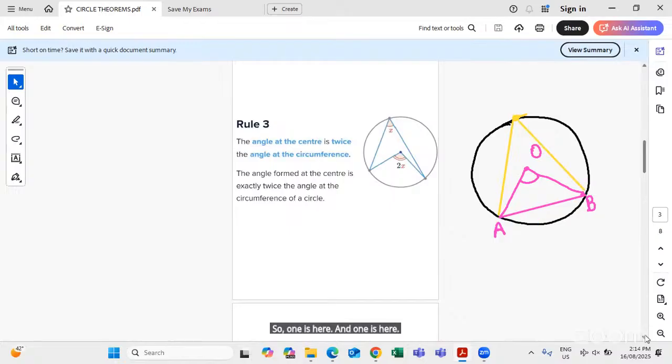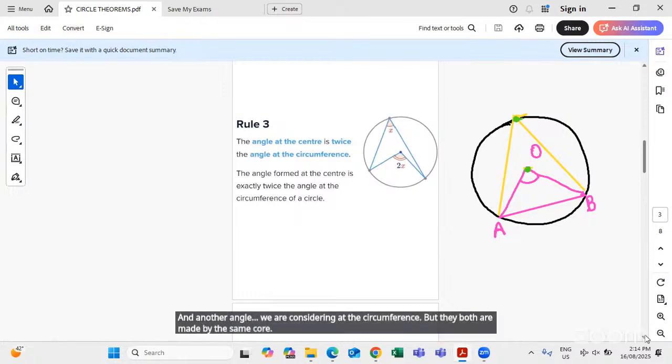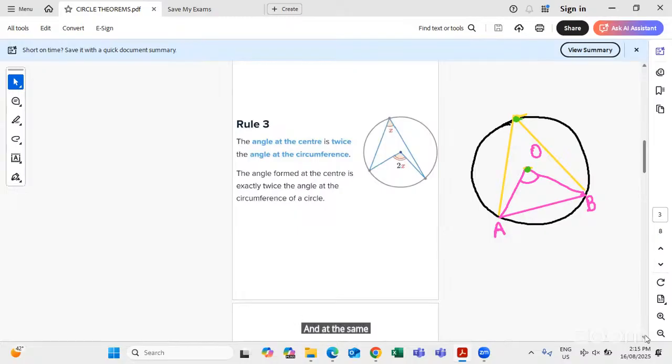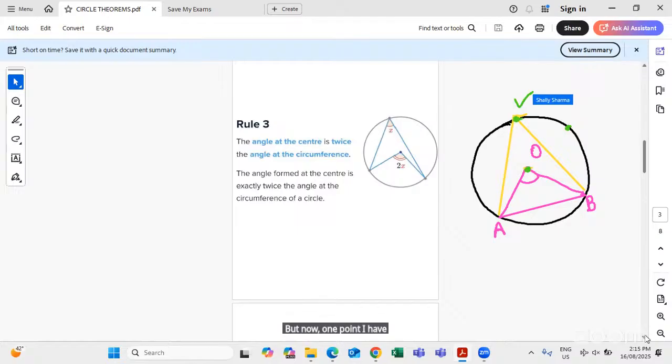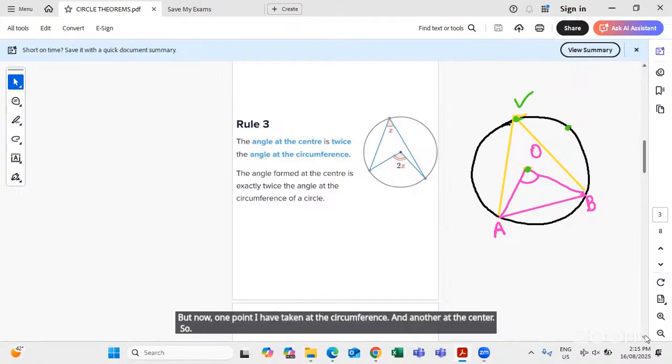So here we are considering two angles: one is the angle made at the center, and the other is the angle at the circumference. But they are both made by the same chord and in the same segment. In the first theorem, both points were on the circumference. But now I have taken one point on the circumference and another at the center. So the angles will not be the same.